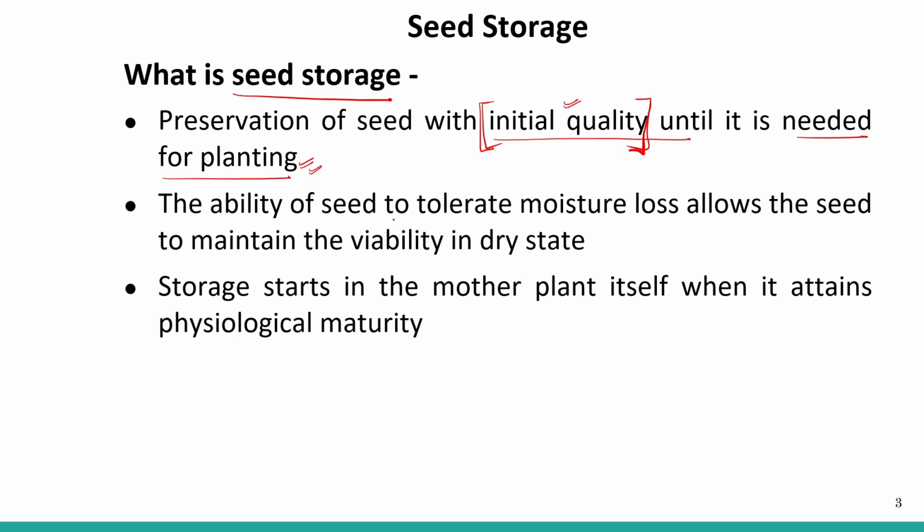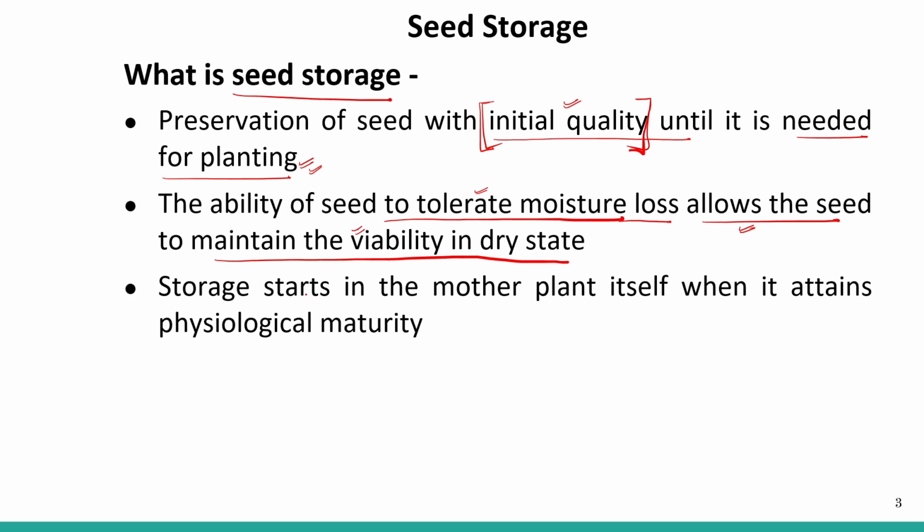The ability of the seeds to tolerate moisture loss allows the seeds to maintain viability in the dry state. This is the capacity of a seed: when there is no moisture available, they can tolerate the moisture loss and remain viable in that dry state also.